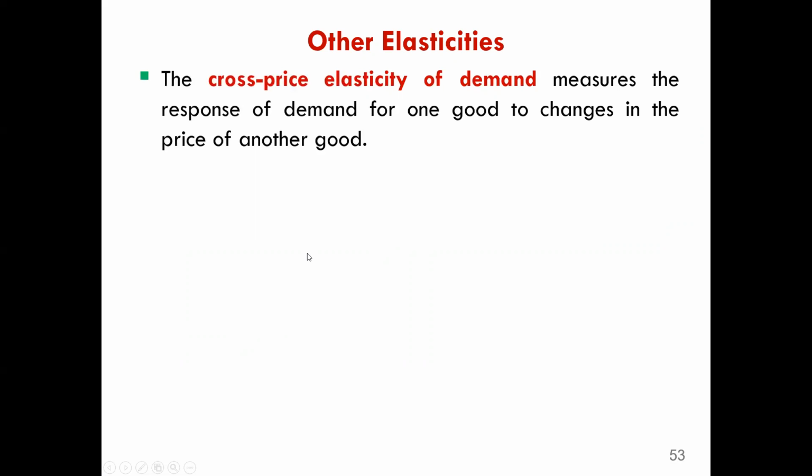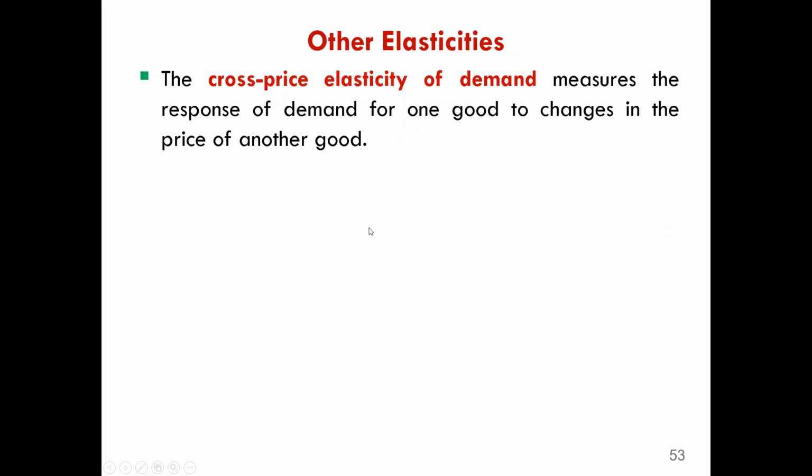And then the second other type of elasticity we are interested in is what we refer to as the cross-price elasticity of demand or supply, which measures the response of demand or supply for one good to changes in the price of another good.